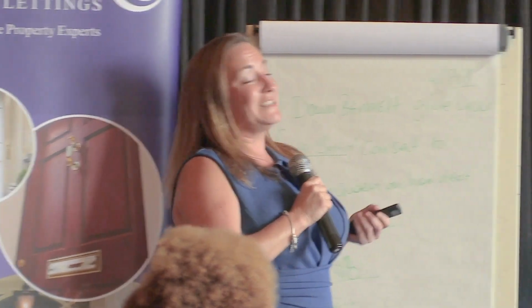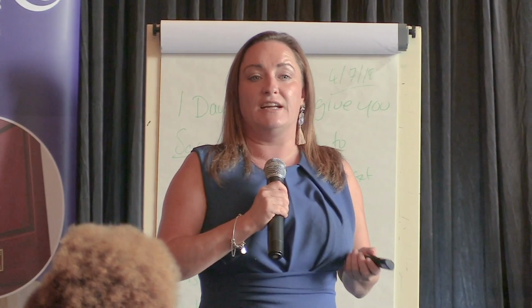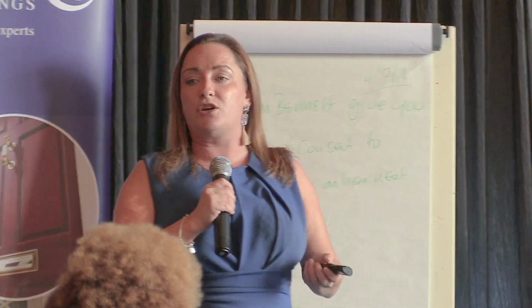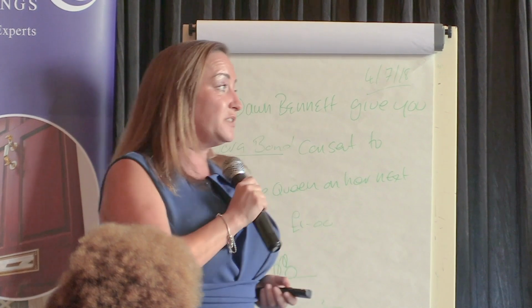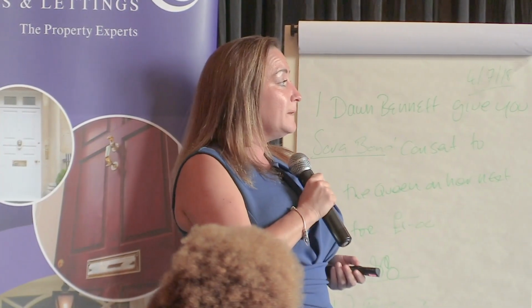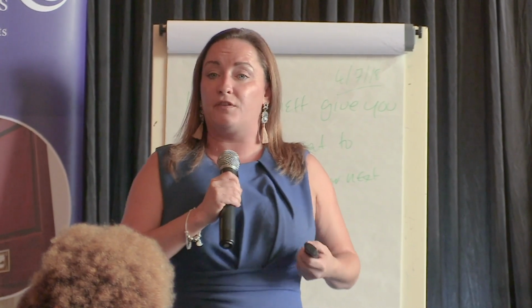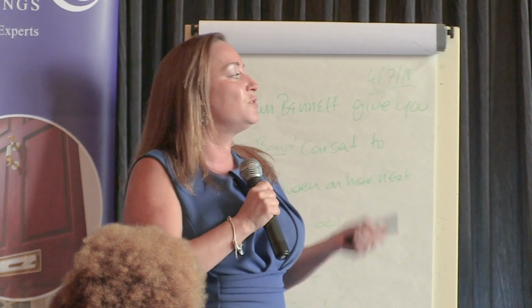Any tenancy that's created after 1997 automatically becomes an AST, and we don't need to serve the Section 20 notice that we did up until that point. We're now entitled to possession after 2 months arrears rather than 3 months arrears. As you can see, they were trying to make it better for landlords, so they reduced the arrears.